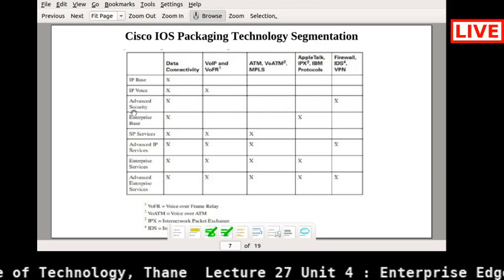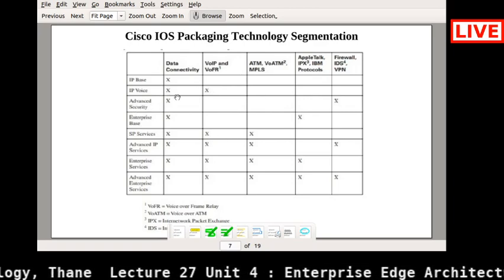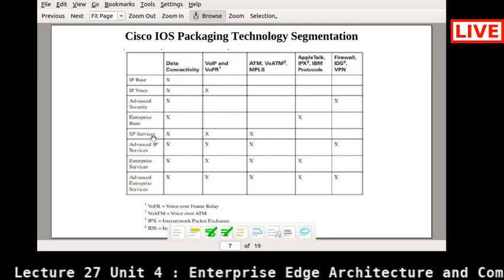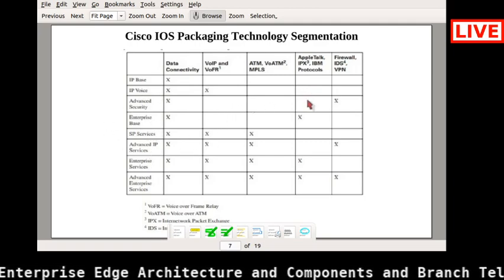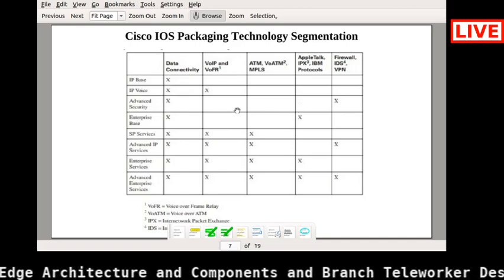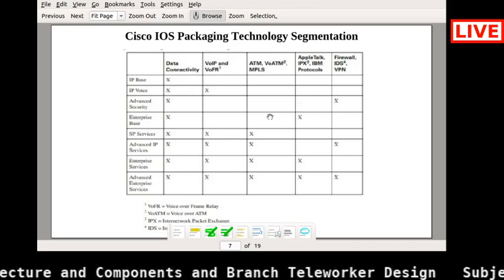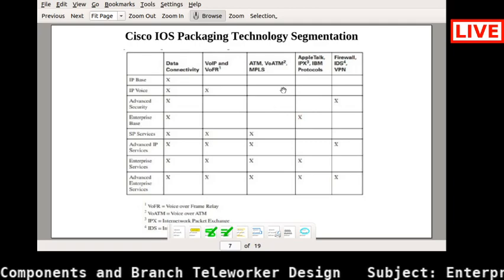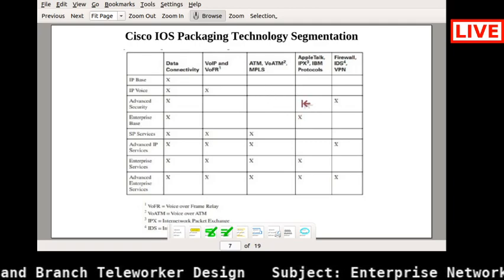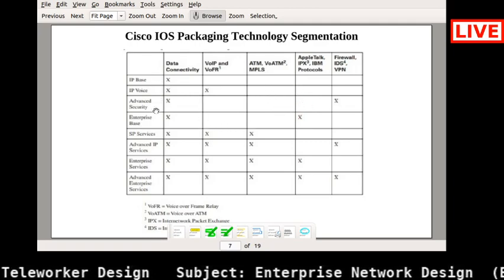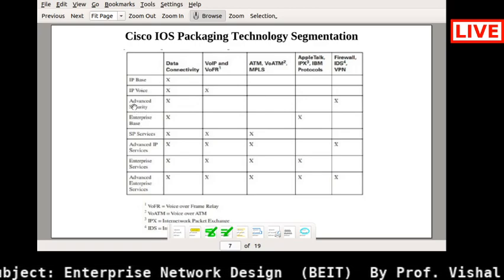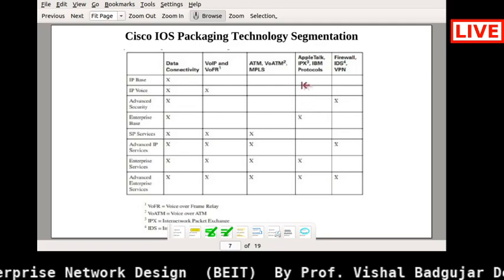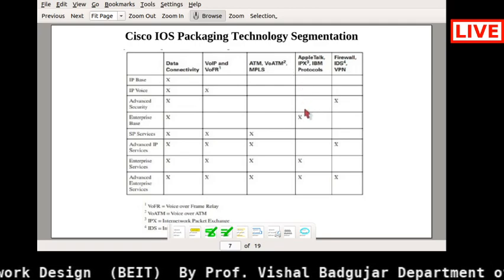So you can easily check which iOS packaging technologies to use for which part. For example, if you need to apply some security level parameters over your enterprise architecture, you need to select a different kind of Cisco iOS packaging. In that you can select the advanced security, because here it enables firewall, IDS and VPN.